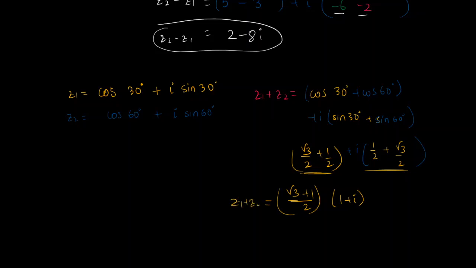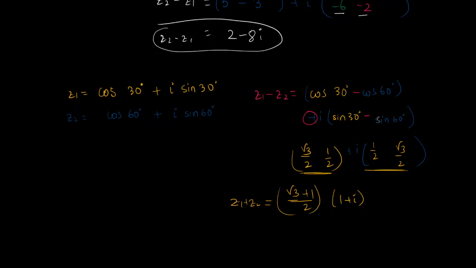If you wanted to find the difference, z1 minus z2, instead of having these positive signs, you will just put negative signs and nothing else will change. The positive sign with the i will just remain as it is. Don't touch that. And instead of having the pluses here, you would have the minuses.